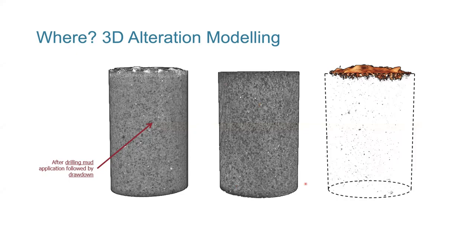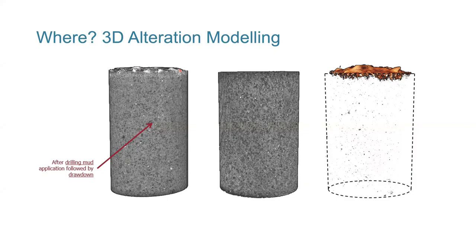In this image here, it might be 15 gigabytes worth of data. Then we do the test or the simulation on the sample, and rescan the sample at the end point, which is the after here. We can see there's something on the outside that wasn't there before. But what we can't see is what's happening inside the sample. Is it deep damage? Is it shallow damage? Really important question for drilling and completion damage.